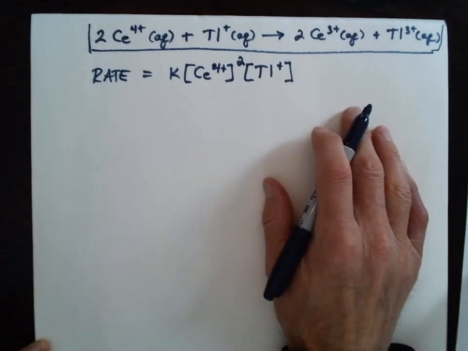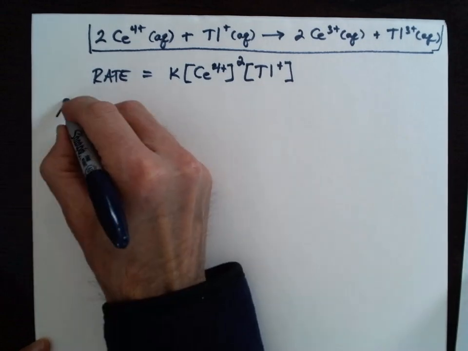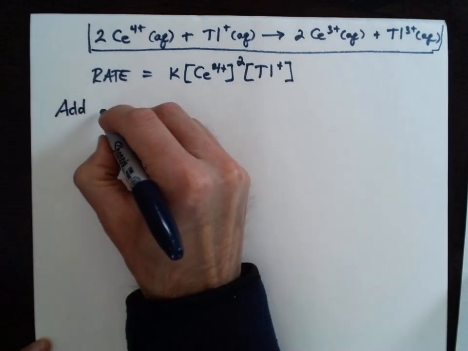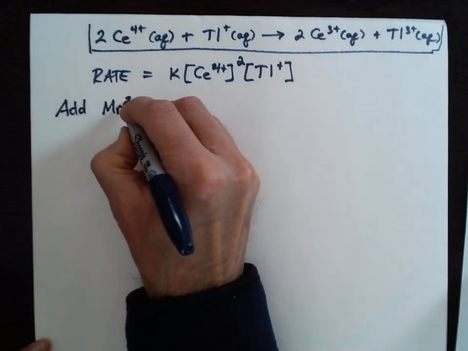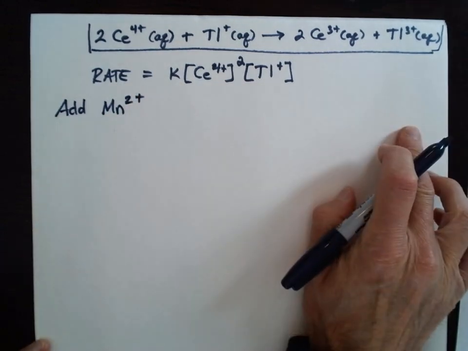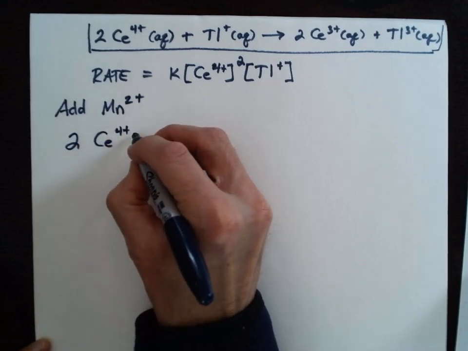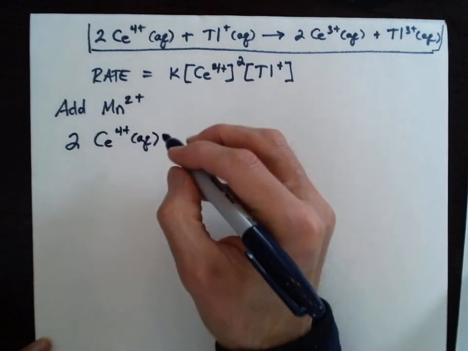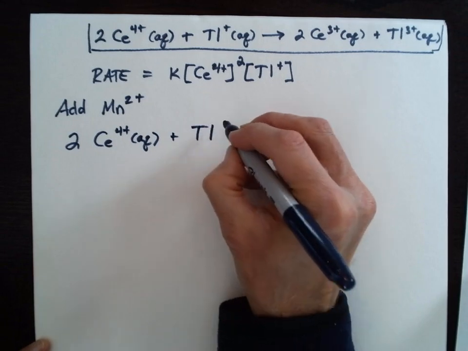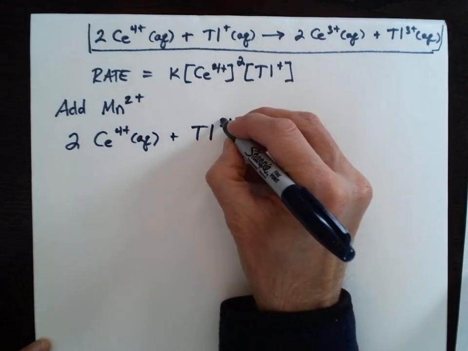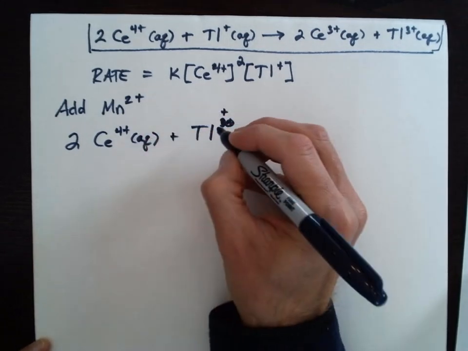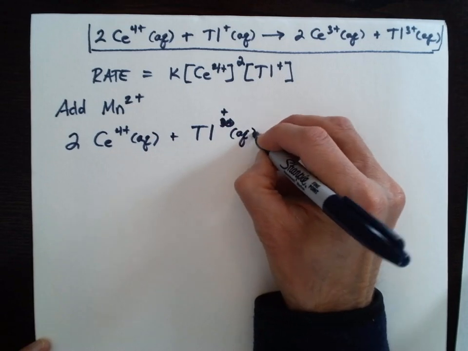It's slow. However, if we add some manganese 2 as a catalyst to the mixture, it speeds up drastically. So this is how we would write the reaction in the presence of a manganese catalyst. So our 2 cerium, this should be thallium-1. 2 cerium-4s react with thallium-1.